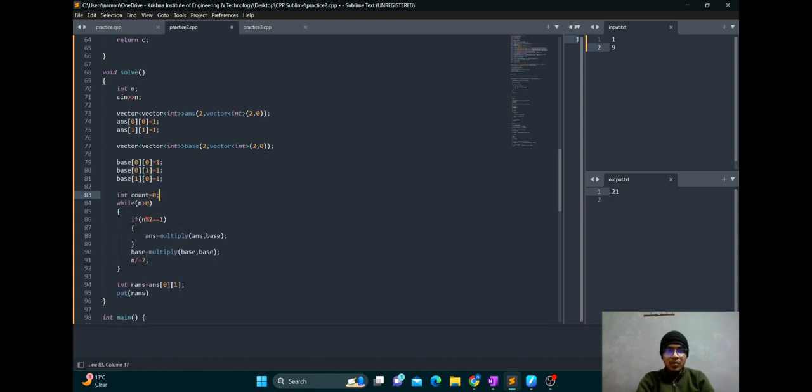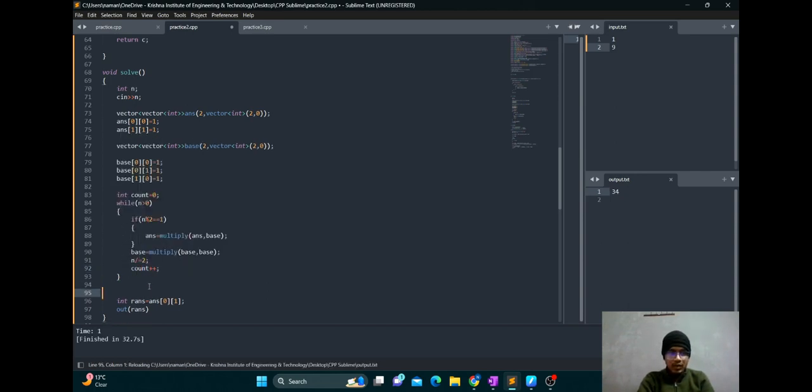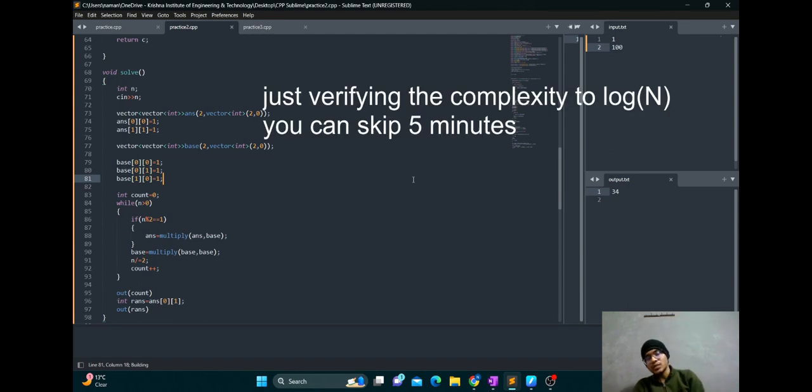Let's count how many operations we are doing, how many times this loop is getting executed. So for example, it is indeed 34. Let's find for the number 100, how many times the loop will get executed.